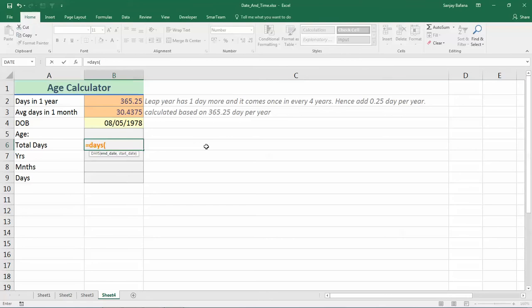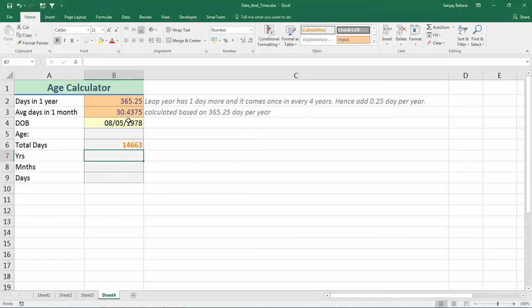So instead of entering today's date, we can use the formula. So this is a nesting of the formula. You can use one formula inside the other formula. So the formula we will use for end date is TODAY, and the start date will be your date of birth, and total number of days.